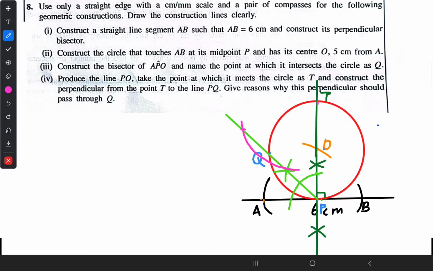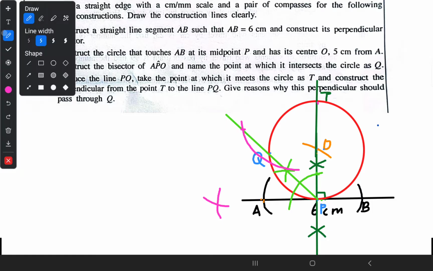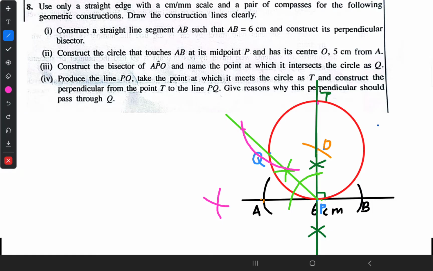So it would be here to here, here to here, below the line. And then let's connect them. We have connected T and the intersection of those 2 arcs. This is the construction you should do up to here.